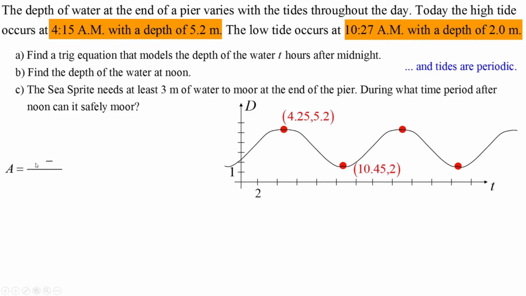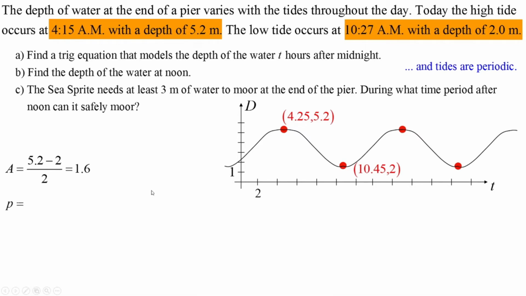So I had a 5.2 minus my min 2 divided by 2, and that equals, I better do that again, 3.2 divided by 2, what would that be, 1.6? So the amplitude of this function is 1.6. That means the distance between the min and the max would be twice that, or 3.2.